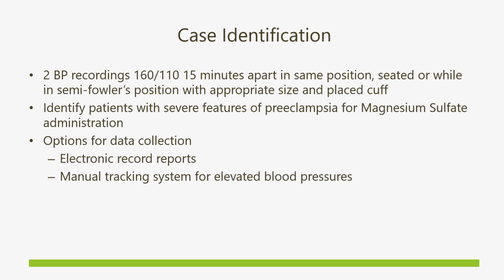Trish, you also had a question earlier in the chat about exclusion of known chronic hypertensives, and you are correct that when we're doing our P4 process measure, those folks are to be excluded.